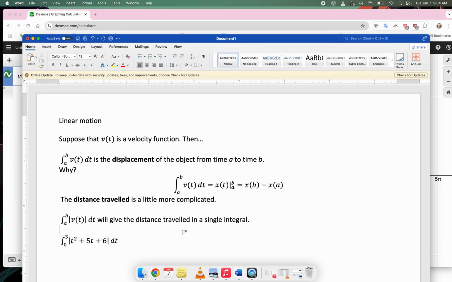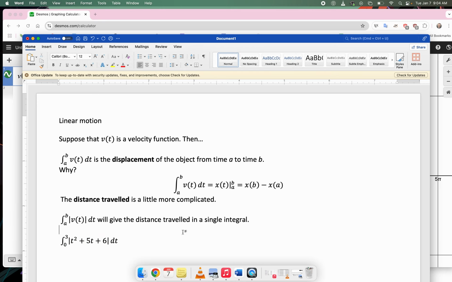So in other words, if x of t is your position function, then the average velocity will be given by just the average rate of change of the position function, which would be like x of b minus x of a over b minus a. And we saw that way back when.